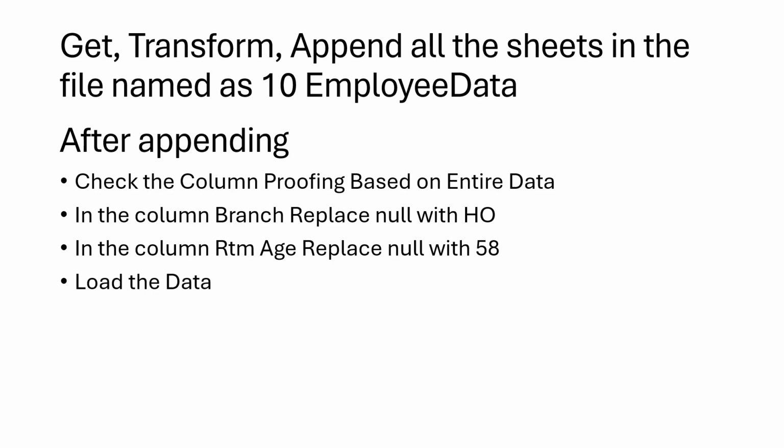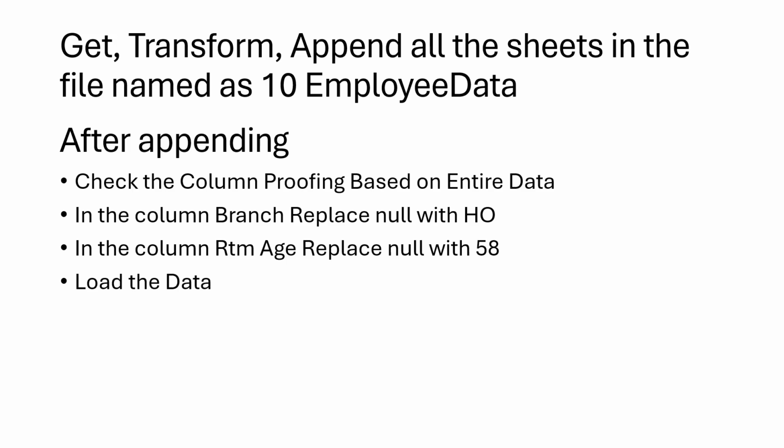After appending the sheets, you have to do one more thing. In the column called branch, wherever we have null, replace it with HO. And in the column called retirement age, wherever there is a null, replace it with 58. Then load it. While loading, I should get only one table, not 5 or 6 tables loaded.